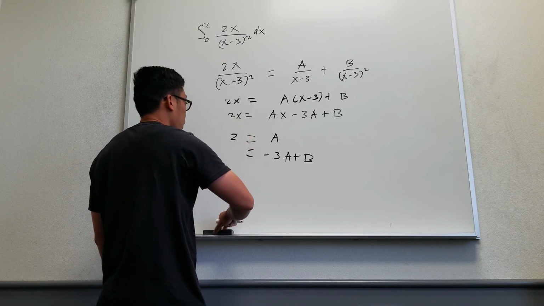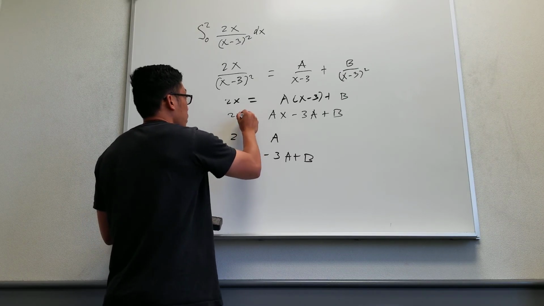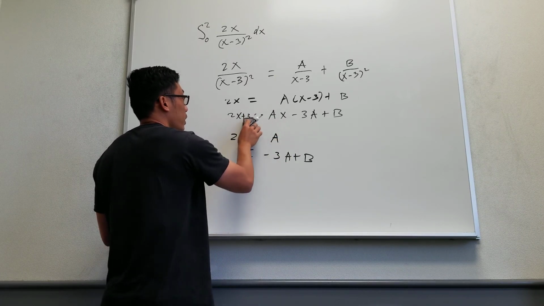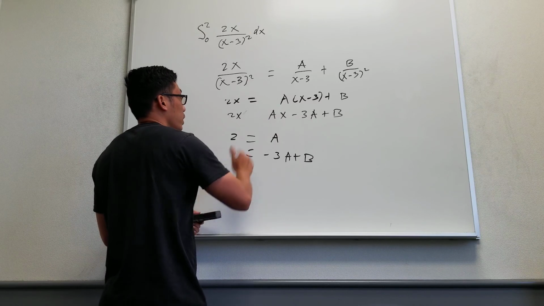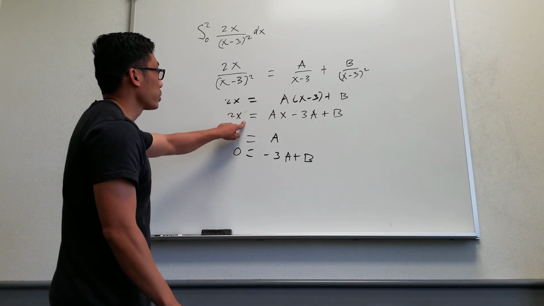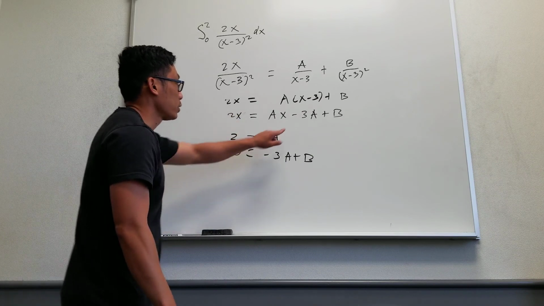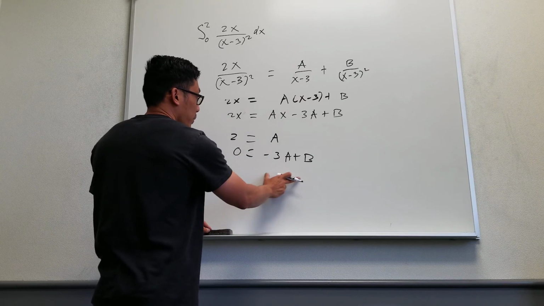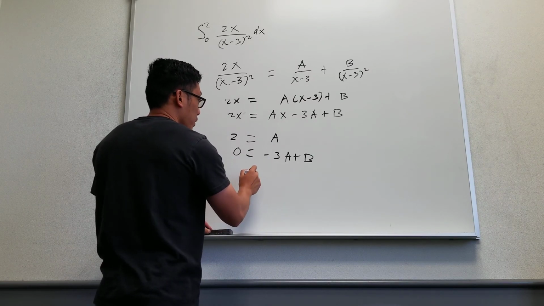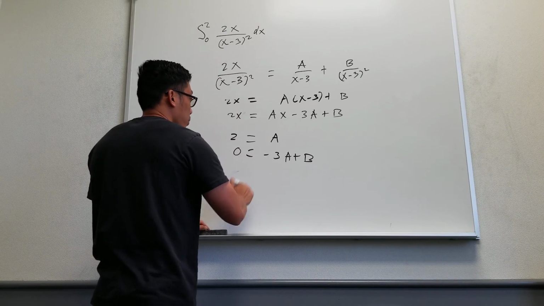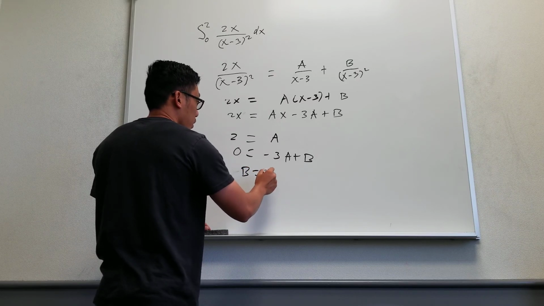If this was plus 3, then this would equal 3. But since it's not, it's just going to equal 0, because there's no constant by itself. So now we can solve for B. We have A already, so B should equal 6, right?